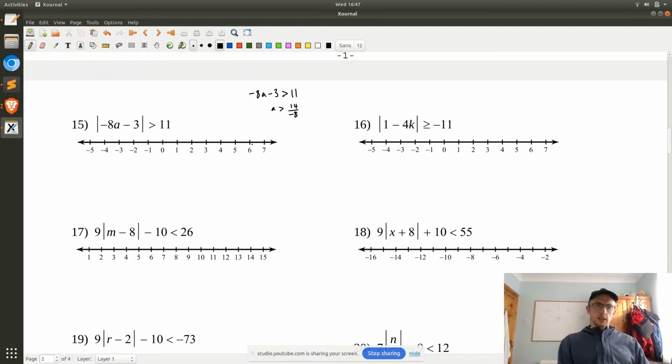That's one answer which comes from just solving it as if it were an ordinary one. Or 7 over negative 4. Negative 7 over 4. A is greater than negative 7 over 4.